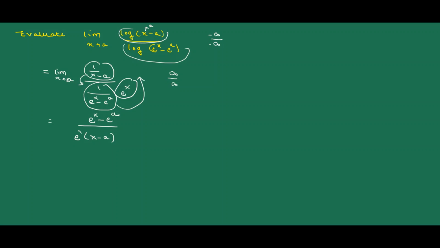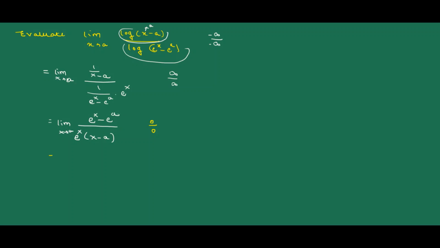So this is limit x tends to a. Now if you put x is equal to a, what you will get? E raised to a minus e raised to a is 0, divided by a minus a, which is equal to 0, means it will be in the form of 0 by 0.